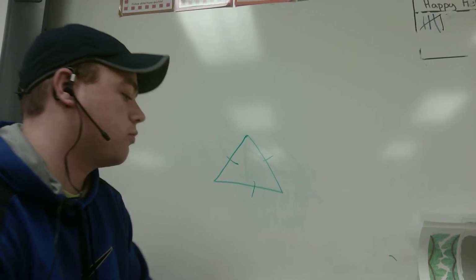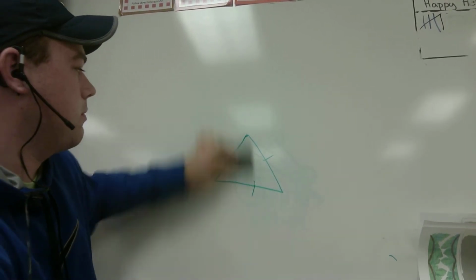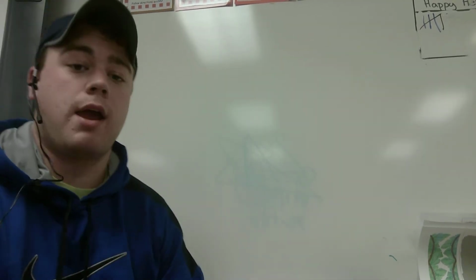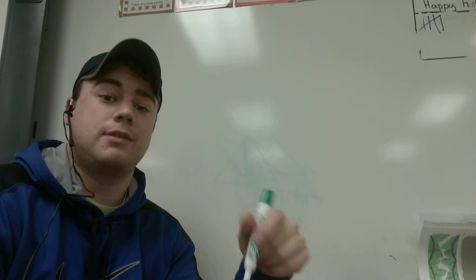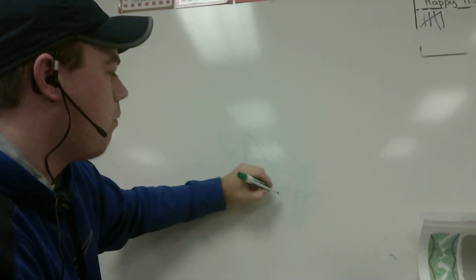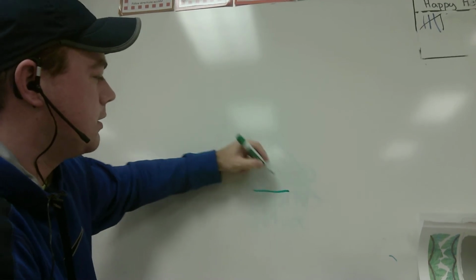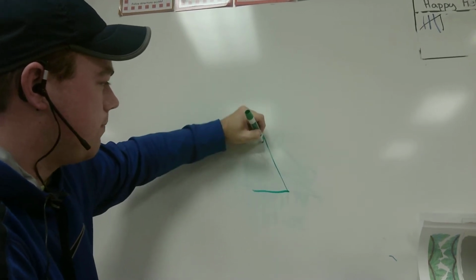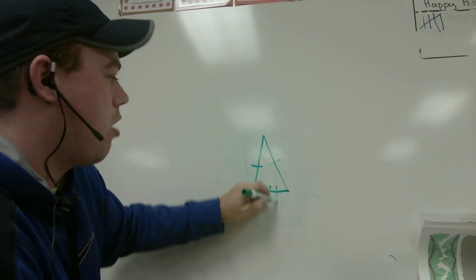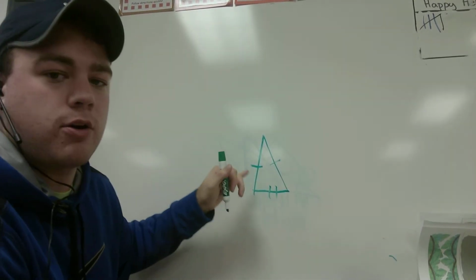A second triangle that you can name by the length of the sides is your isosceles triangle. Now, one thing to know about your isosceles triangle is that two sides are equal. And I'm using these dash marks to really tell you the length of the sides. If they have the same number of dash marks, then it's the same size.